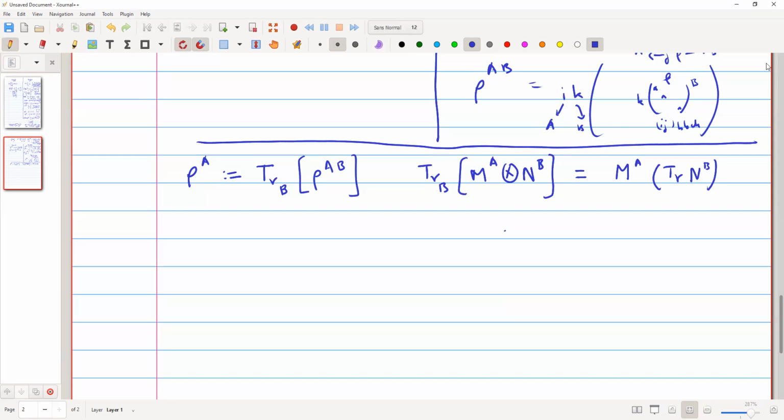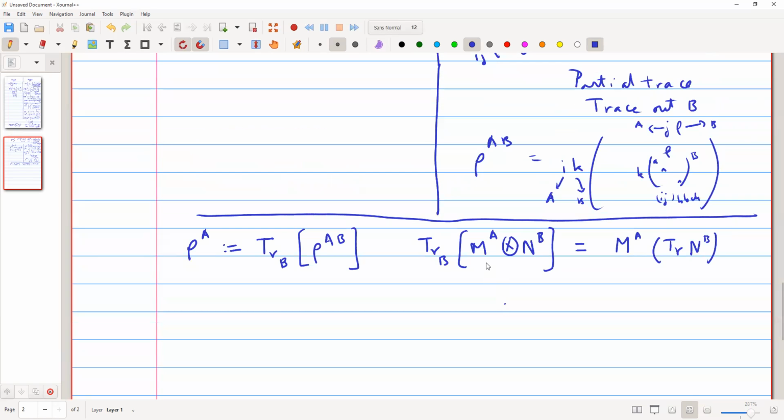And this block picture makes it clear, right? If I do canonical product of matrices, I get a matrix in the system AB.